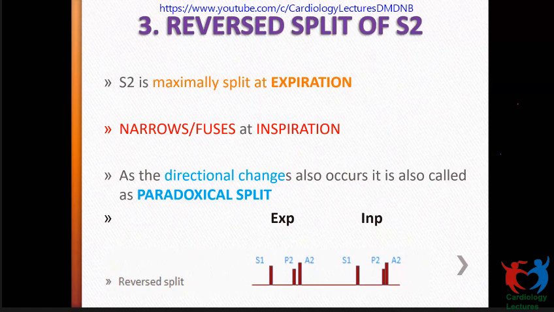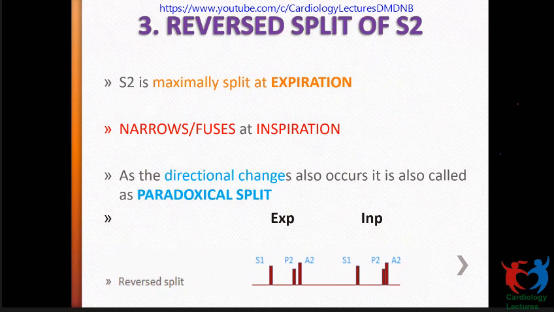When do you say A2 loud and when do you say S1 loud? You know, this is a little controversial, in the sense you need to understand it a little. In apex, S1 is the loudest sound, A2 is easily heard. In aortic area, A2 is the loudest sound, but S1 is easily heard. So to say S2 loud, in this case A2 loud, you need to compare A2 of aortic area to S1 of mitral area.